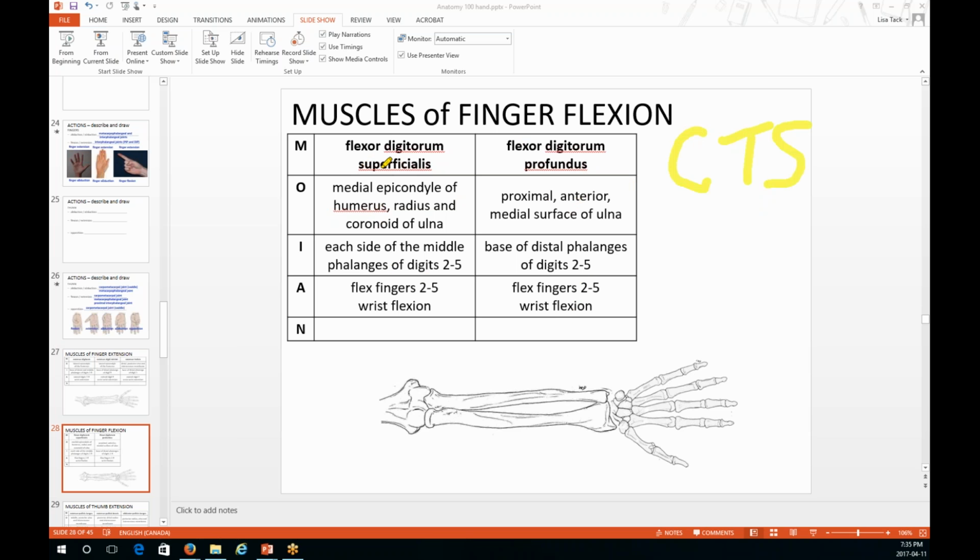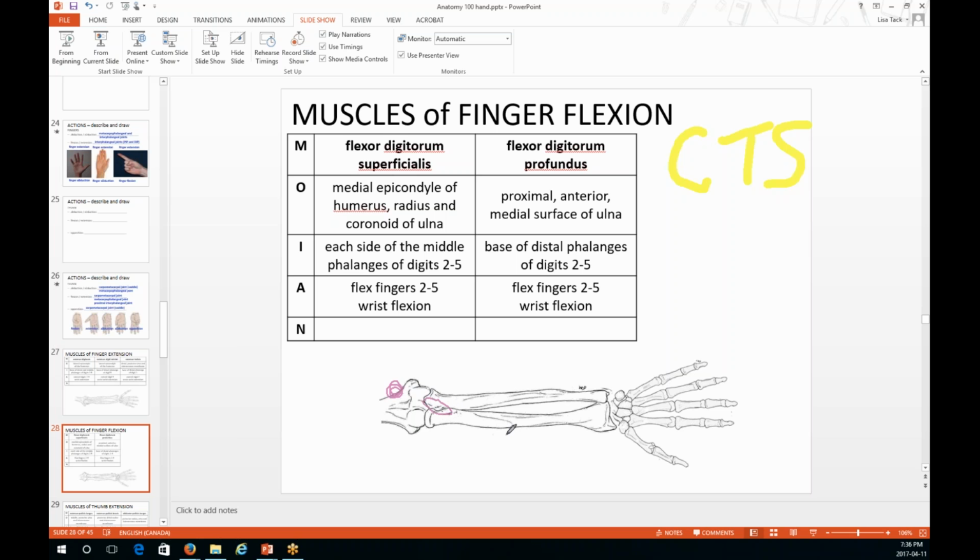So we've got flexor digitorum superficialis. Let me get a different color here. It starts on the medial epicondyle of the humerus. It's also on the coronoid of the ulna and a bit on the radius.